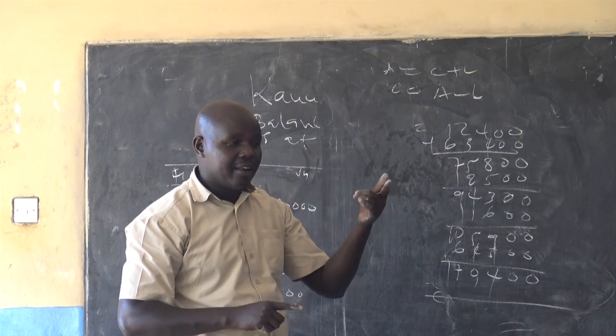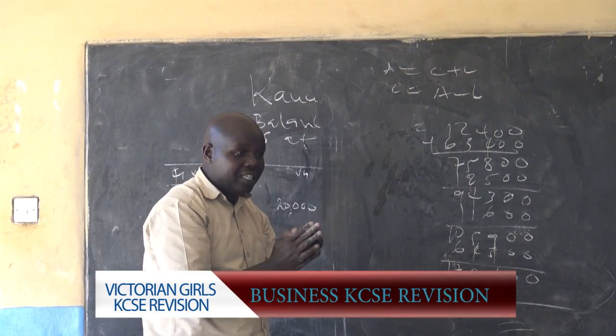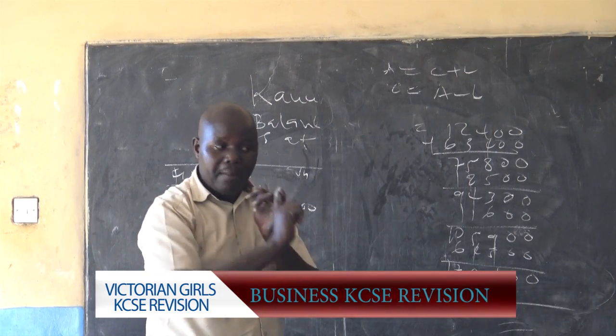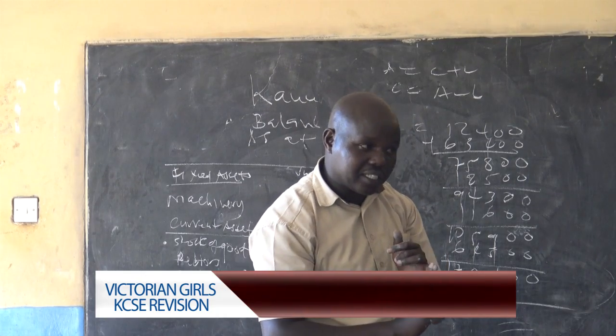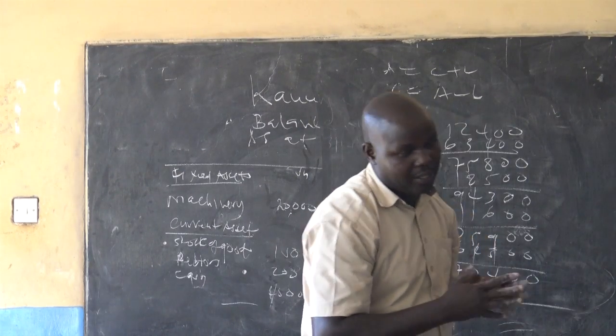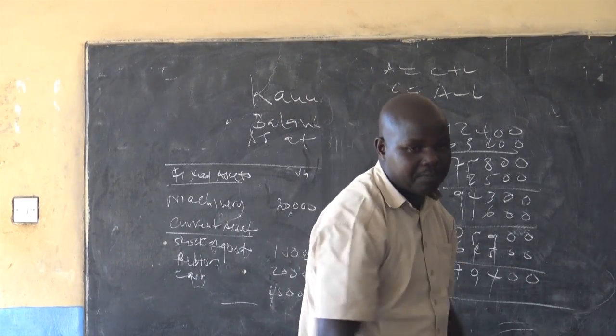On the other hand, even within that category of liabilities, be able to single out long-term liabilities and short-term liabilities. When you're able to do that, you always have a free mark.